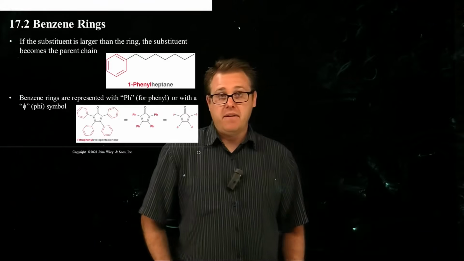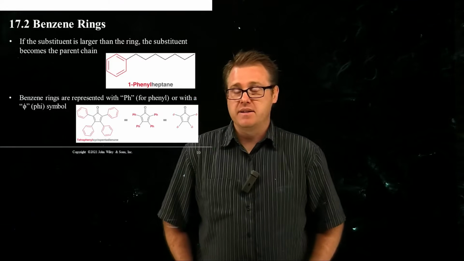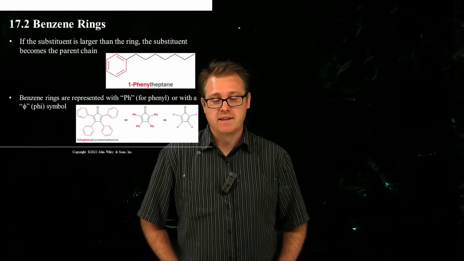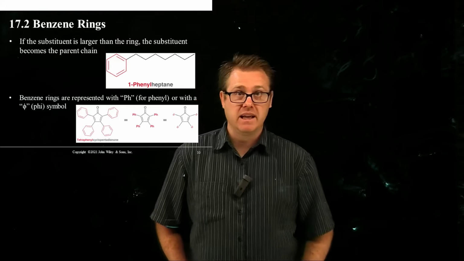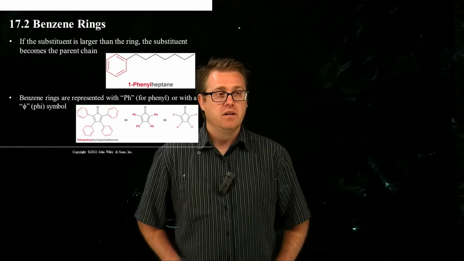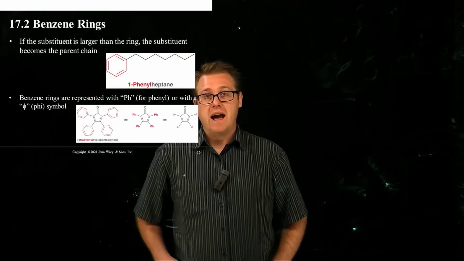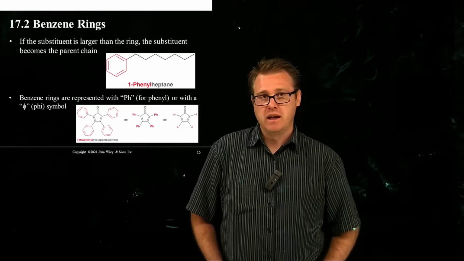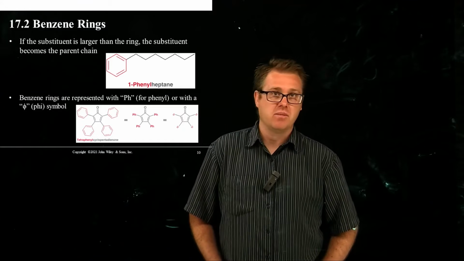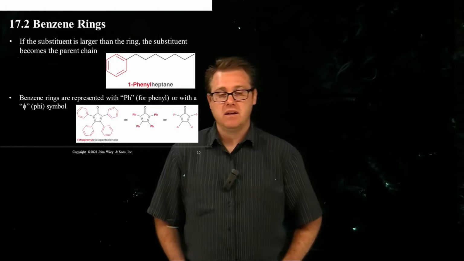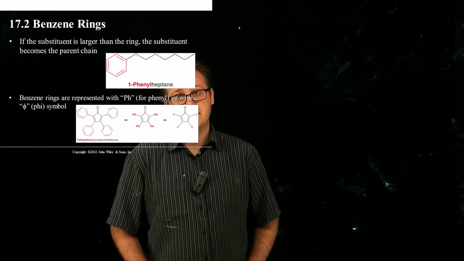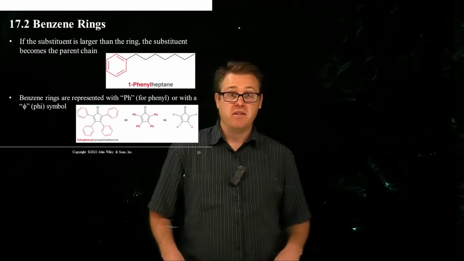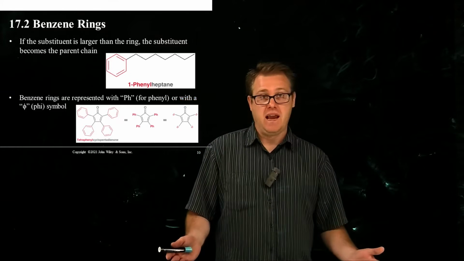Now, if the substituent is larger than 6 carbons, in the example of 1-phenylheptane, you can see that the alkyl chain in black coming off of that benzene ring is 7 carbons, whereas the benzene ring is only 6. And so you have to find the parent chain.